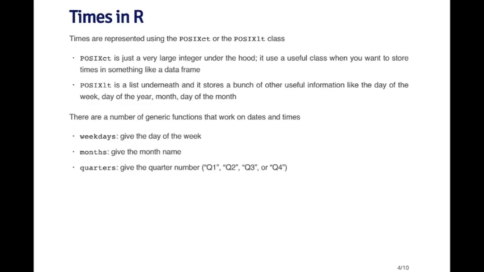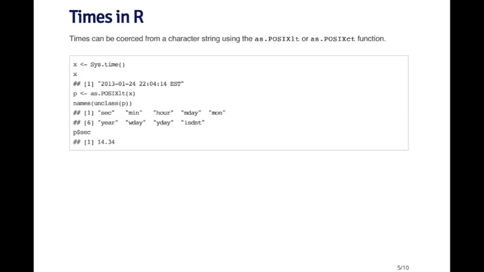These generic functions operate on objects of class POSIXct, POSIXlt, or Date. You can also coerce things back and forth between POSIXlt and POSIXct using the as.POSIXlt or the as.POSIXct function.